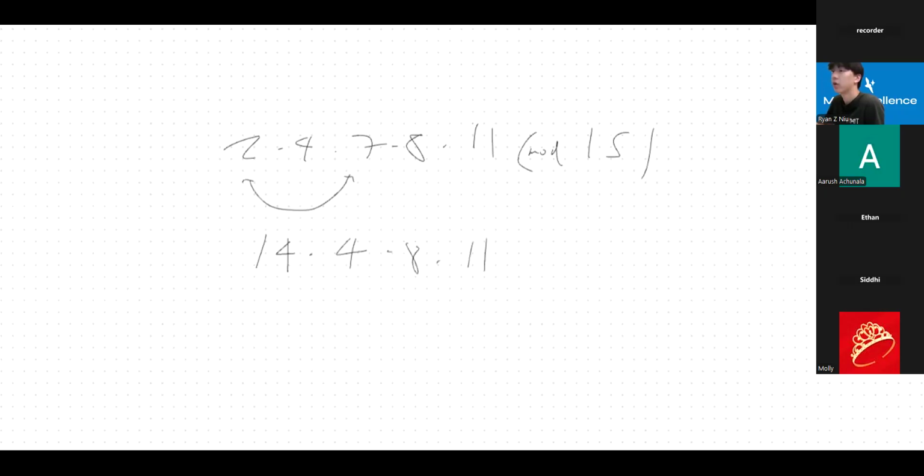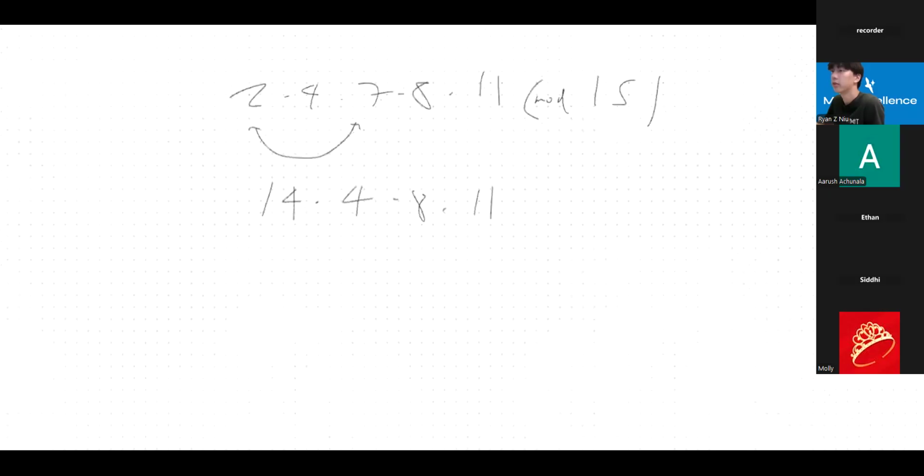And so now you can do this: 14 can be written as -1, remember, if we subtract 15. And also here we have 32, and 32 is actually 2 mod 15, because 30 is a multiple of 15. So we're going to have 2. And then 11 we can write as -4. So our total is going to be 8. So that's our answer.